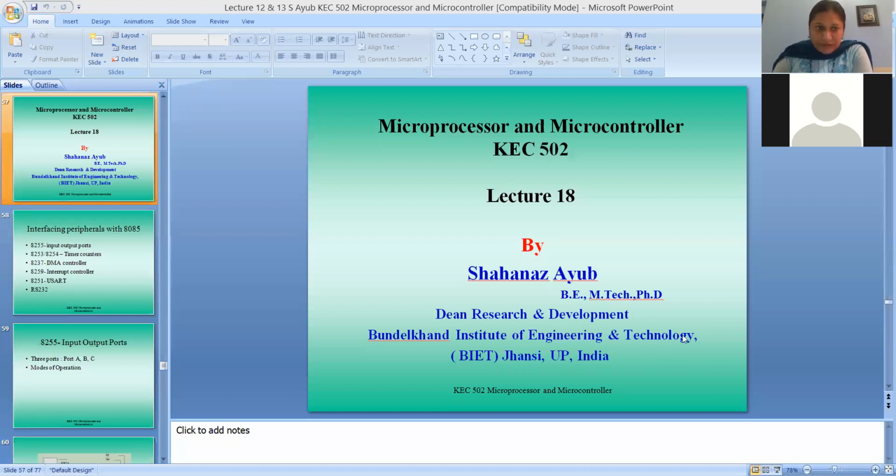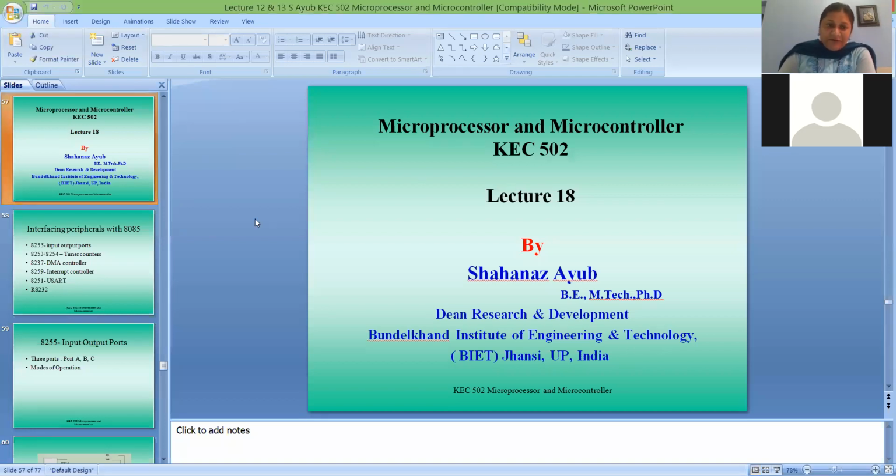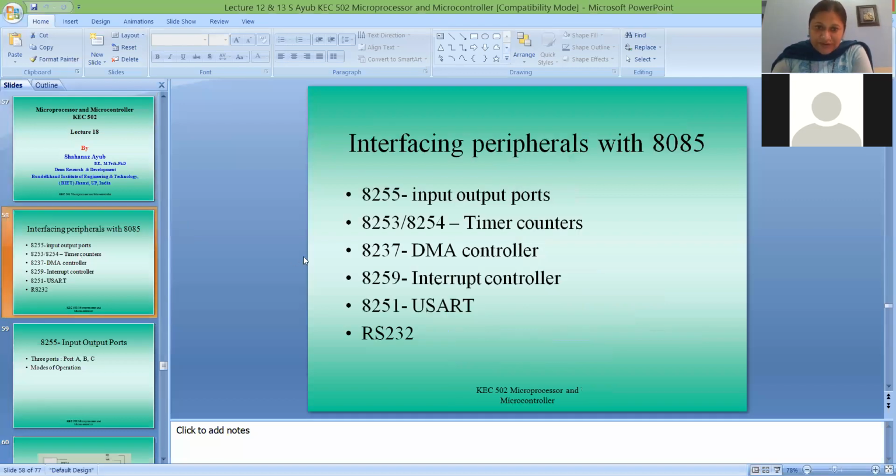Yes, so we'll go with the next. How many peripherals do we have to interface? Is this slide visible to you all? Yes, ma'am. Pawan is raising the hand. Does Pawan have some problem?